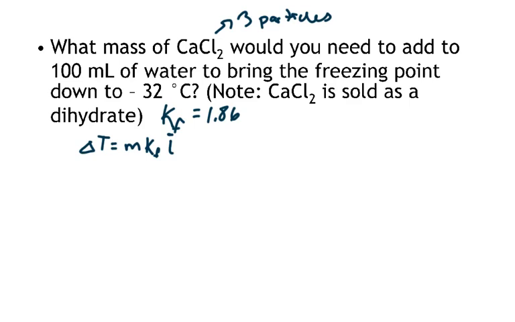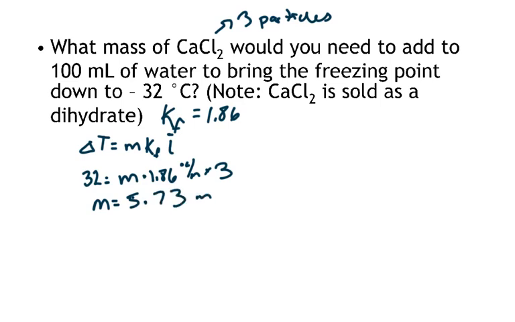So my equation is going to be 32 is equal to my molality that I don't know times 1.86 degrees Celsius per mole times 3 for the 3 particles that calcium chloride breaks up into. So then I can solve for my molality, and I get a molality of 5.73 mole.